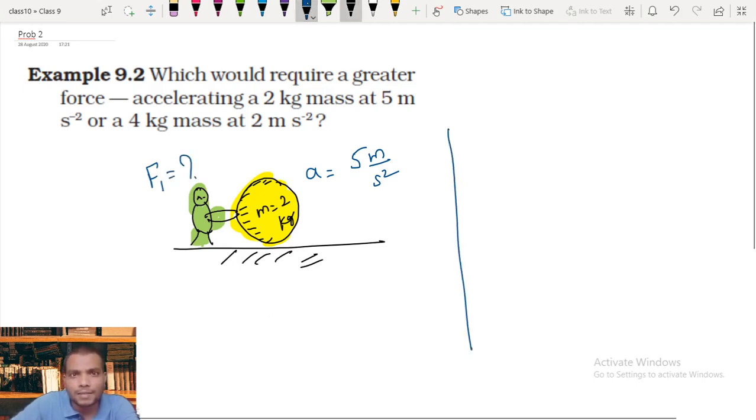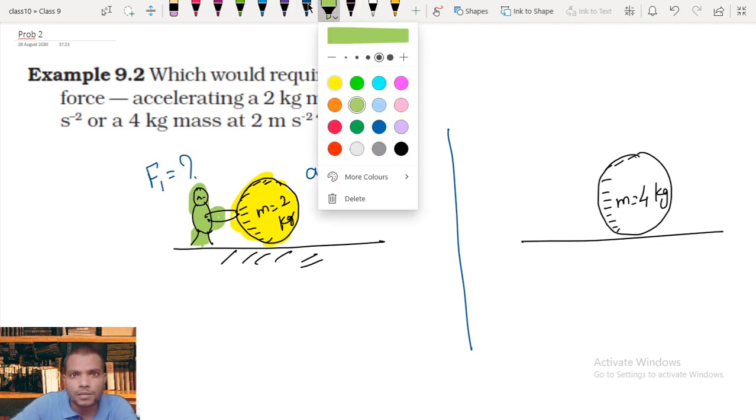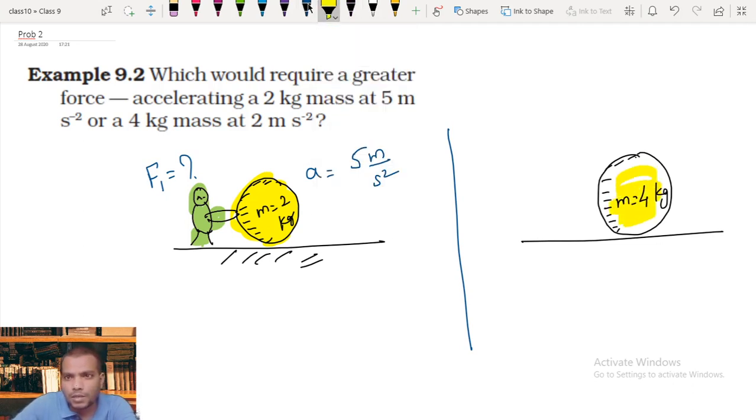For the second case, I have the same setup, but this time I have another, slightly bigger mass: m equals 4 kg. So this is the mass, and on this mass a person is applying force. Let me take a different person this time.